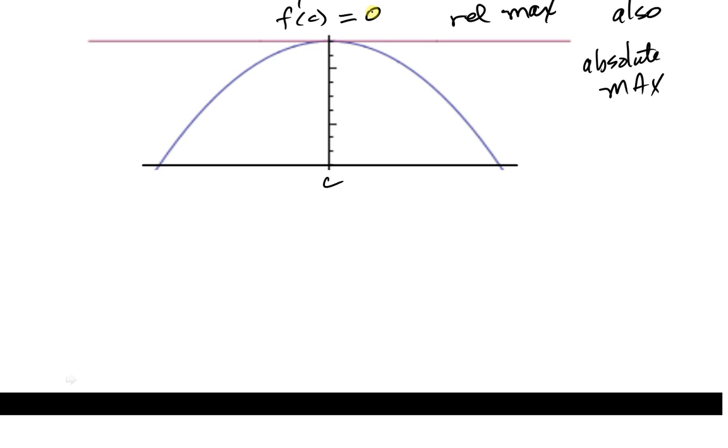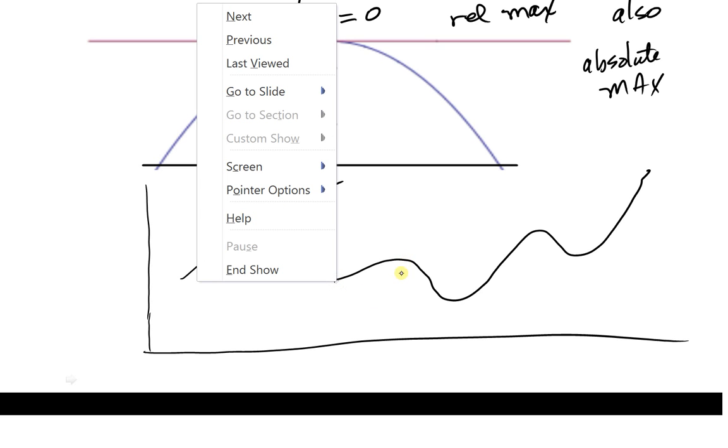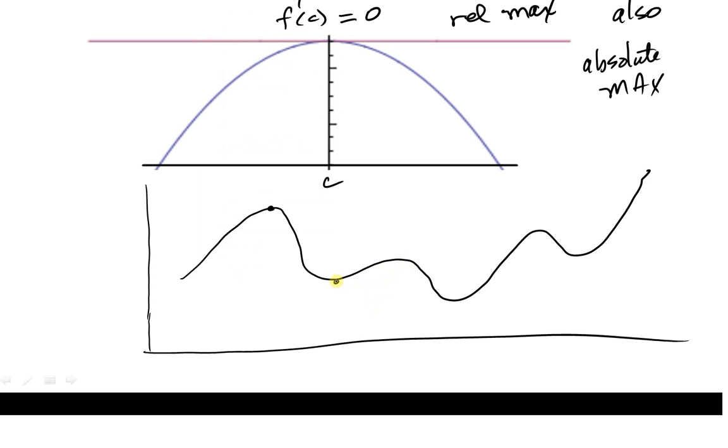And you will see over the course of studying this subchapter that if we have a function that maybe is a little more interesting than this particular one, it could look like this. And if you look at this, you can see where you have the first derivative, or slope of the tangent line, equal to 0.